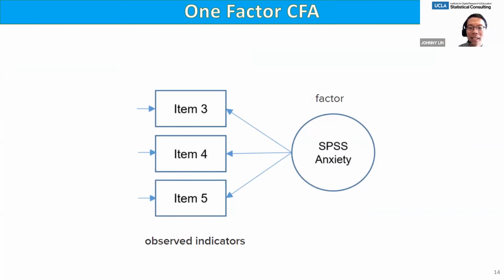So what you're saying is, I'm assuming that those 3 items adequately assess SPSS anxiety. I don't know if that's true, but that's my theoretical idea before going into my factor analysis. I have an idea that 3 items is sufficient. So that's the CFA we're trying to fit.